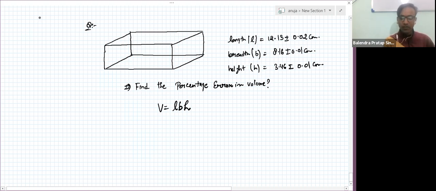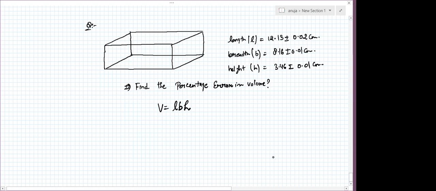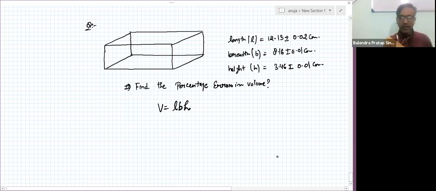So you have to find the percentage error in the volume, and here are all the values and this is the formula. You just have to solve this. It's a basic simple multiplicative case. All the terms are in multiplication.